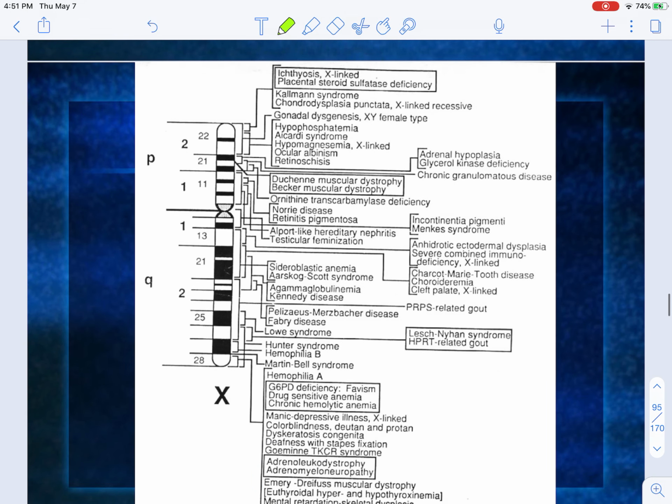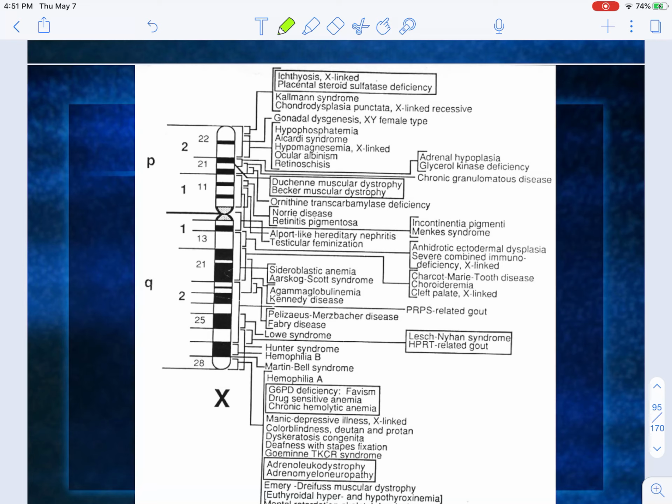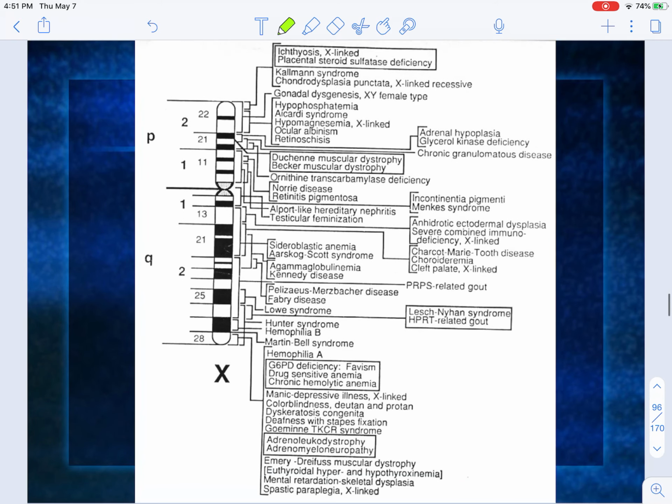And this is a picture of the X chromosome and all of the disorders that could be on there. There's a very long list of different disorders that they've mapped out to be on the X chromosome, which is very interesting. And hemophilia, there's two types right there. Color blindness, the ones we've talked about, and many others.